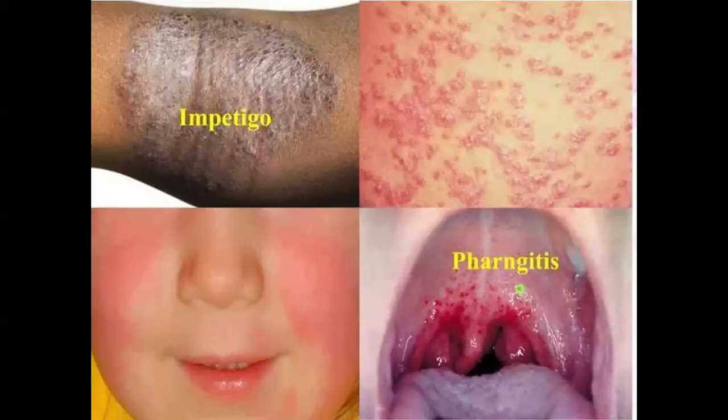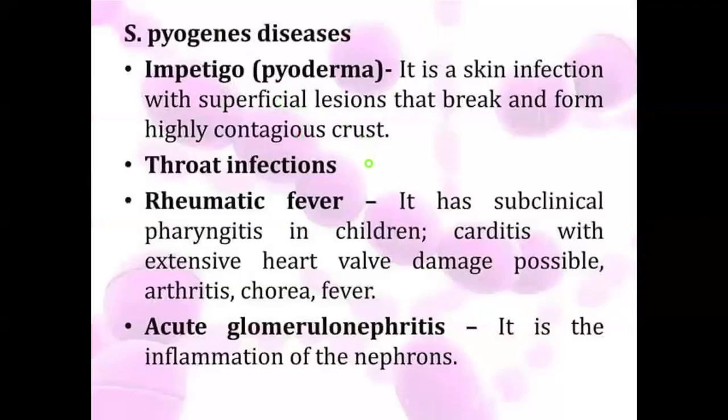So the M protein is one of the virulence factors in Streptococcus pyogenes. Now this M protein is similar to something in us. You learn in immunology something known as molecular mimicry. This M protein of Streptococcus pyogenes is similar to the protein found in our heart valves.